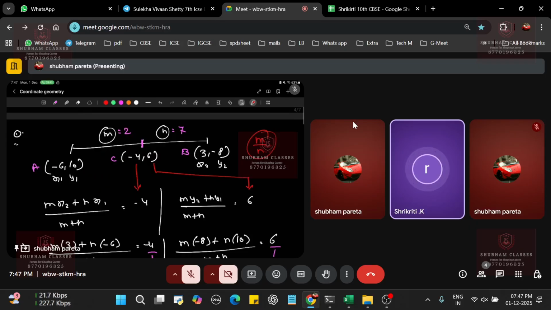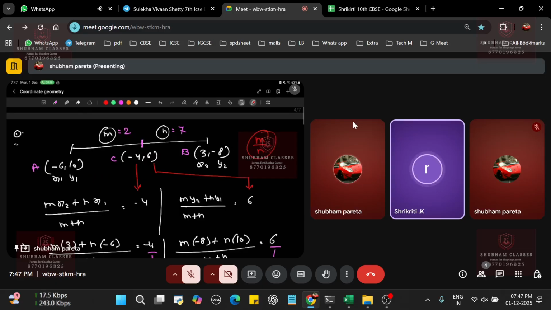The formula is m1 x2 plus m2 x1 by m1 plus m2, comma, m1 y2 plus m2 y1 by m1 plus m2. When we substitute the values, we'll get 2 into 3 plus 7 into minus 6 by 2 plus 7, comma, 2 into minus 8 plus 7 into 10 by 2 plus 7.